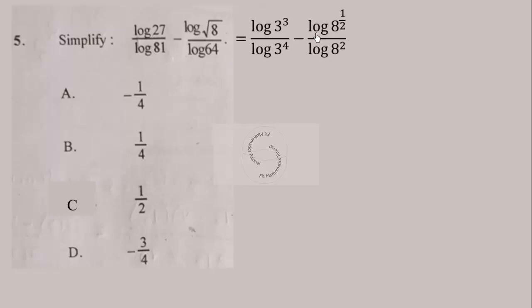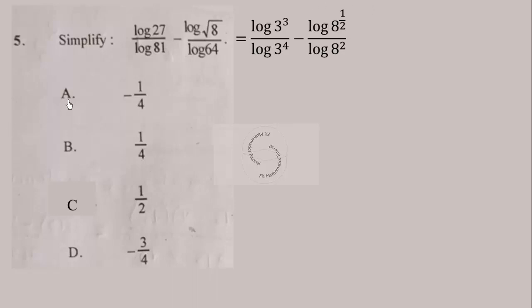So this will be equal to, we express all of them as a power of 3, and the second one as a power of 8. So 3 exponent 3 is 27, 3 exponent 4 is 81, then root of 8 is the same as 8 exponent half, then 64 is the same as 8 exponent 2.